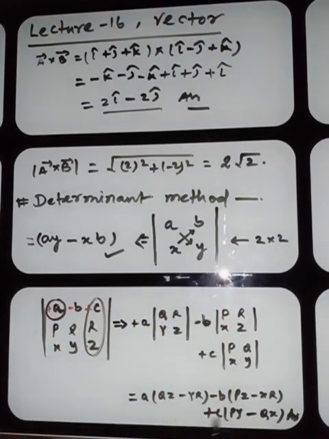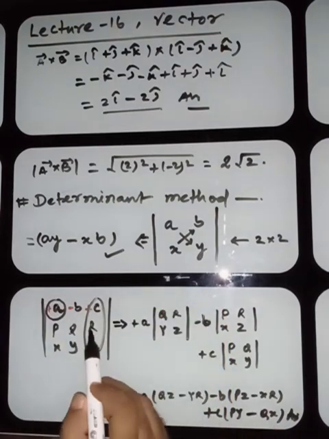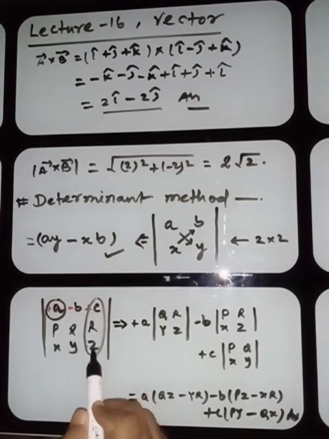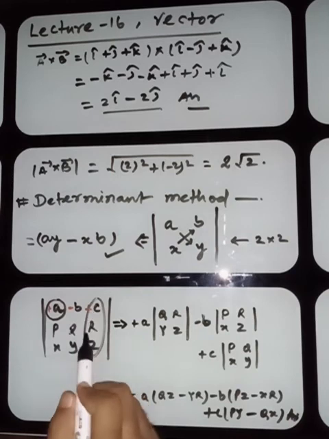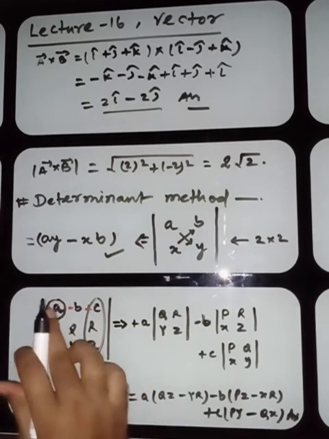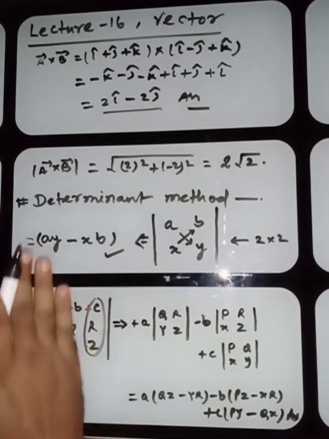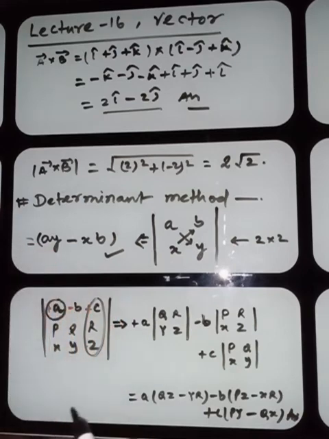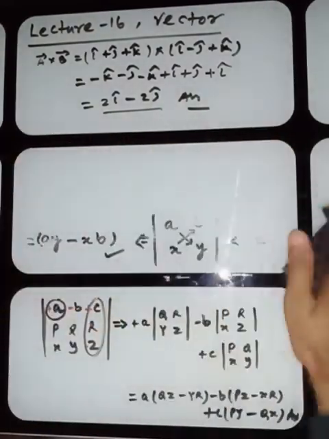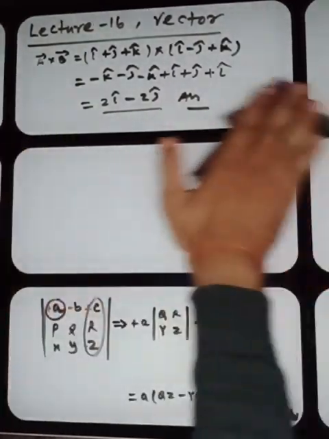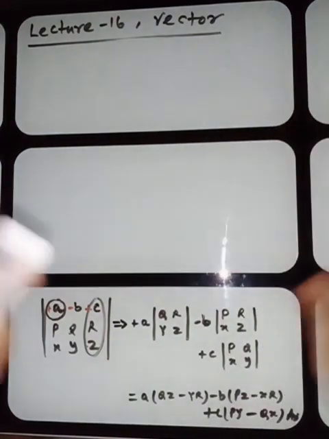The answer remains the same, there is no change, but you will give the nature to these 3 only. For example, plus, minus, plus. And you will not give the nature to the other members. I hope you understand. Here, one example I'm going to give you. You will tell me the answer.